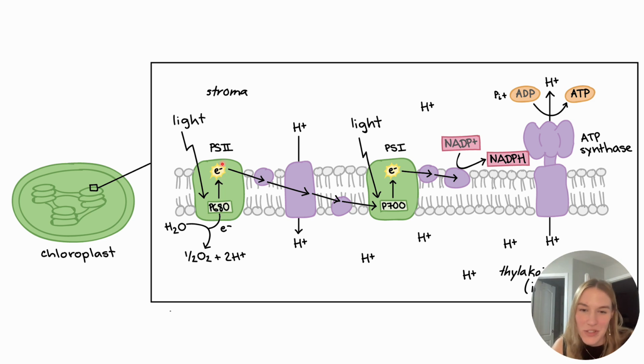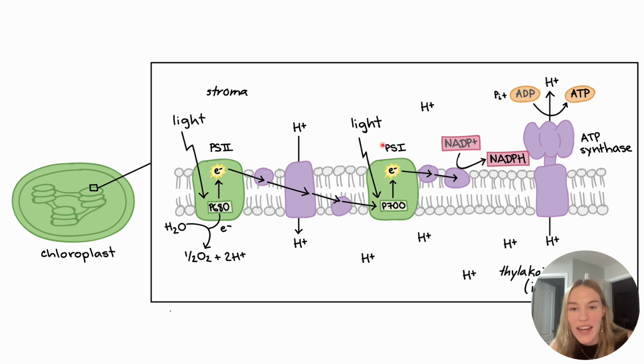Now we have a high energy electron, and we are going to pass that high energy electron to a bunch of different protein complexes. And every single time it gets passed down, it is going to be using the energy that is, quote unquote, lost to pump protons into the thylakoid lumen. Now that will generate a high concentration of protons in the thylakoid lumen compared to a relatively low concentration of protons in the stroma.